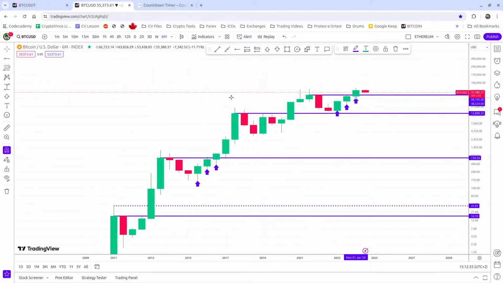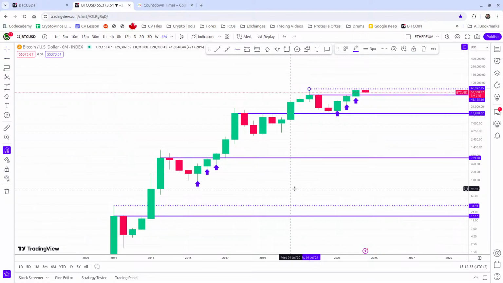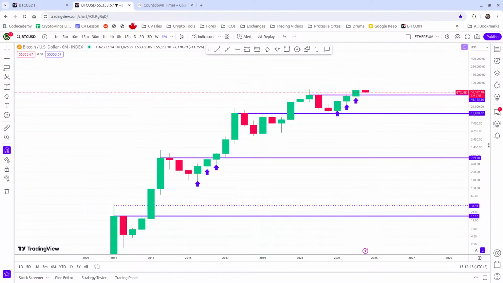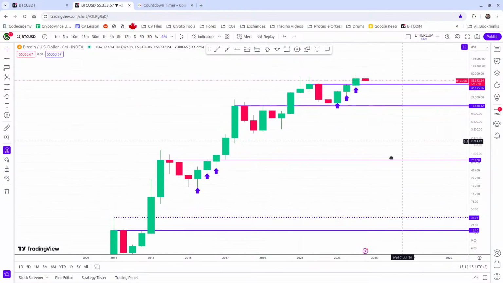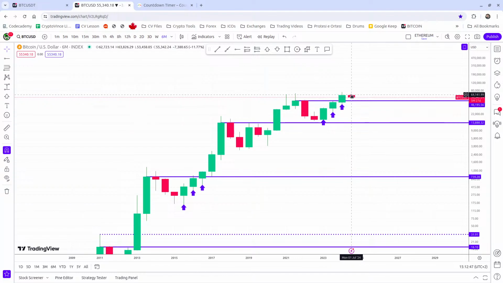Again, if I trace the wick, it's another story, and this will be important to watch too, because in a second I'm going to tell you why. Price broke, and now it might retest as it did here.